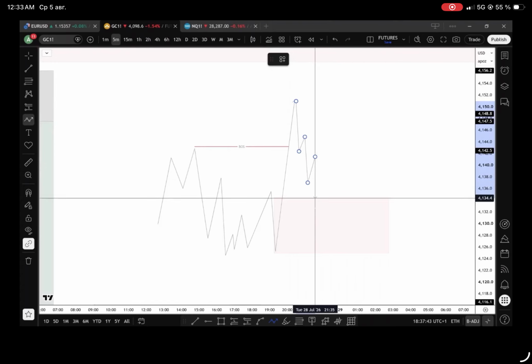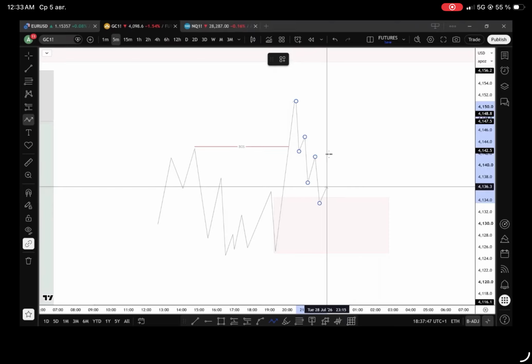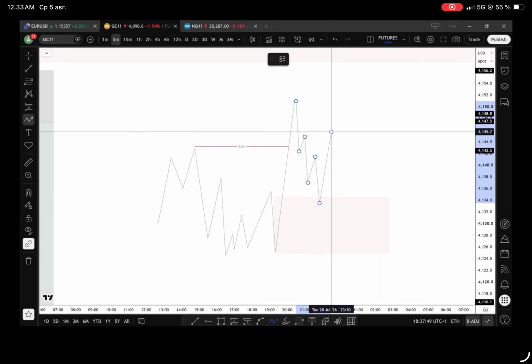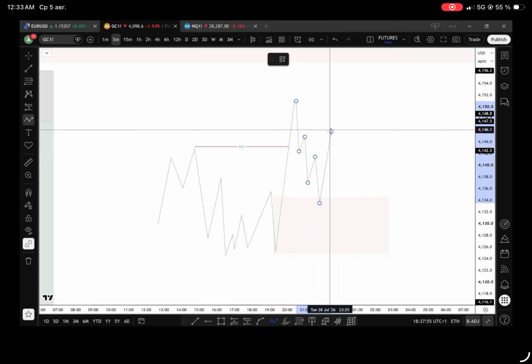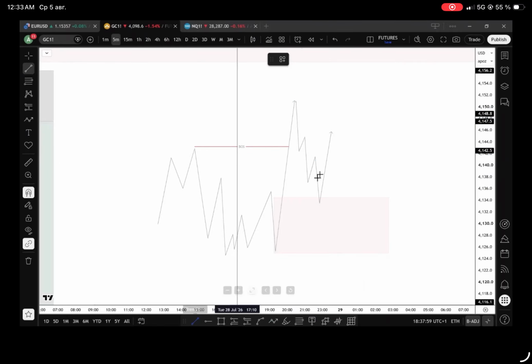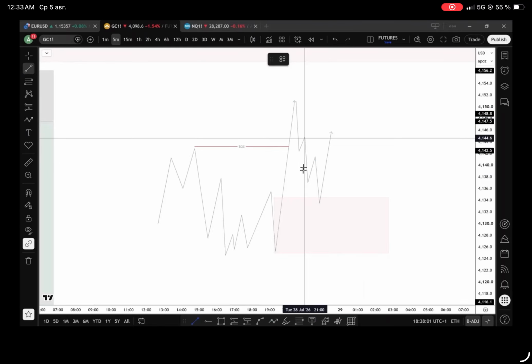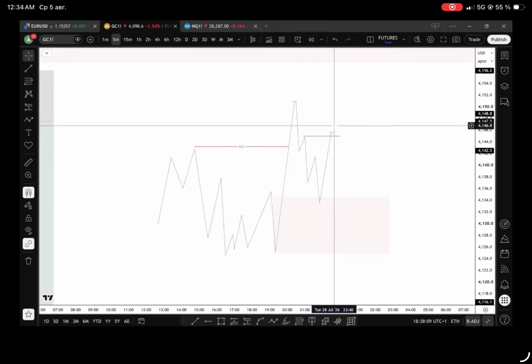So let's say we tap into it. Every time we tap into a trap area, I want to see a breaker structure to the upside. Let me just pause that there. So now we have these early sellers trying to catch a reversal, for example, and we trap them.